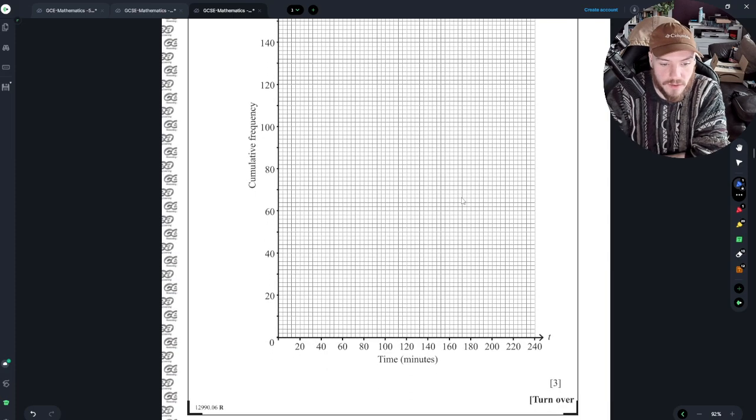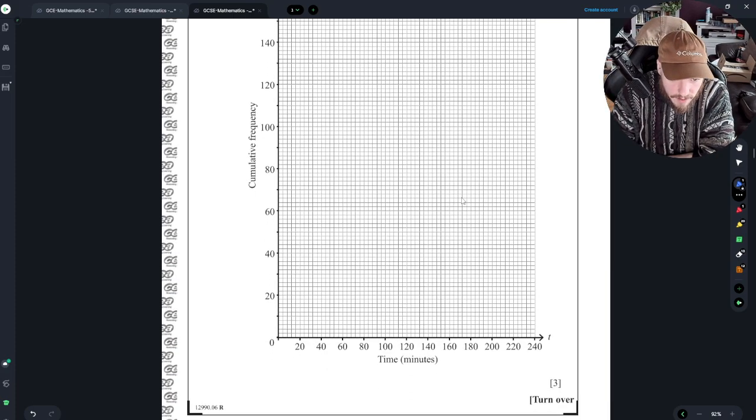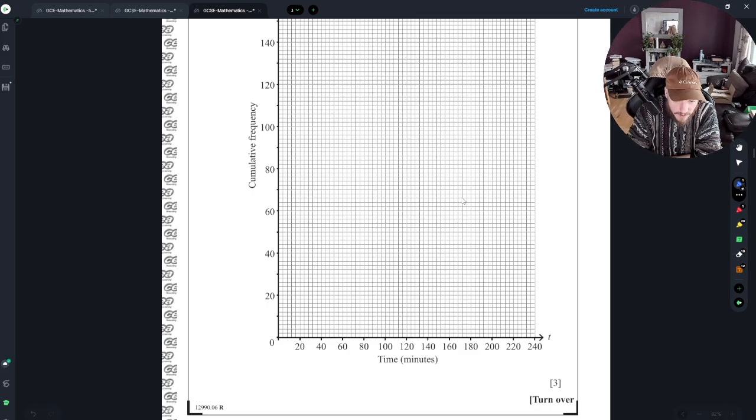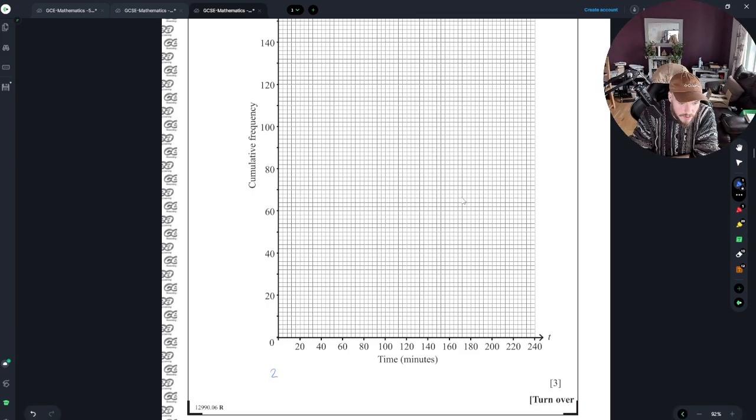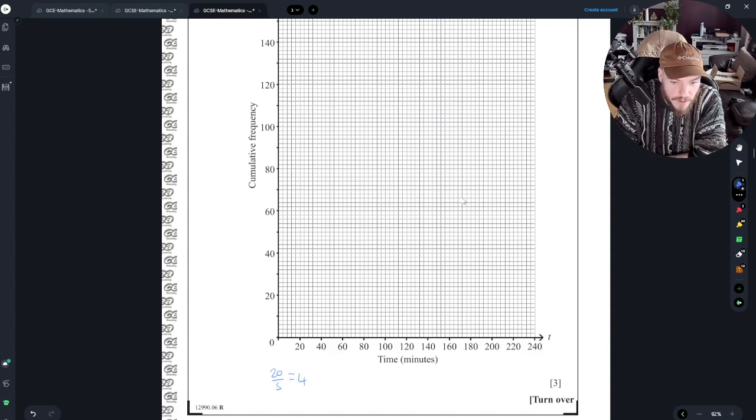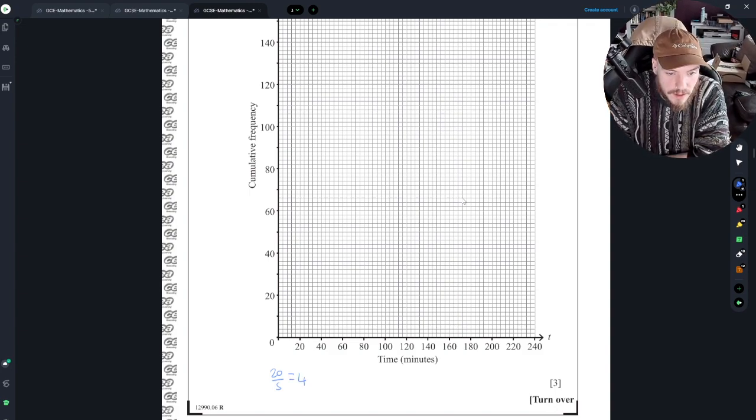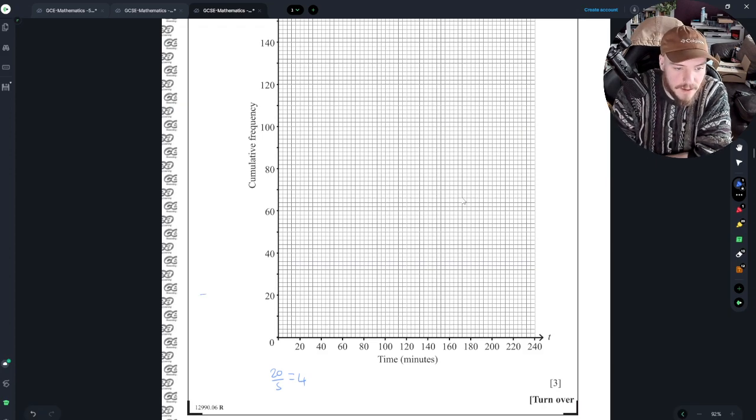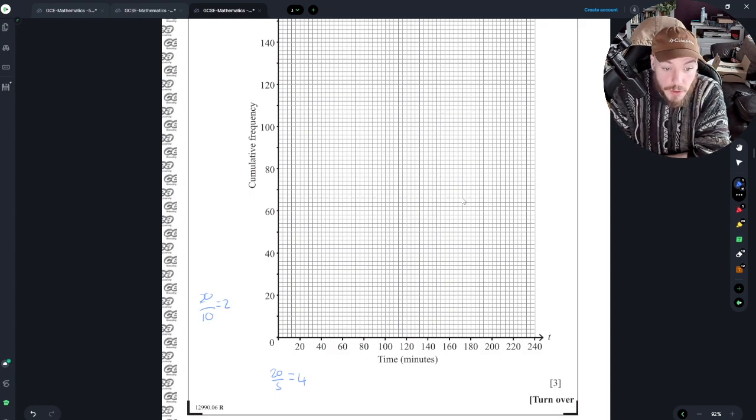I have 1, 2, 3, 4, 5 across, so 20 divided by 5, each block represents 4. For my cumulative frequency I have 5, 10, so 20 divided by 10, each block represents 2. So the first value was 6 on our cumulative frequency, which is our vertical axis here, and 15 on our time.